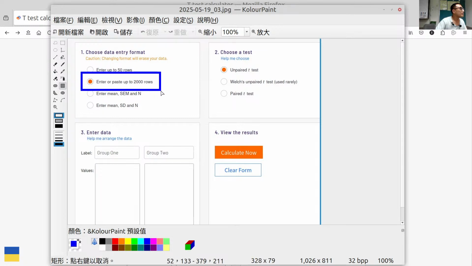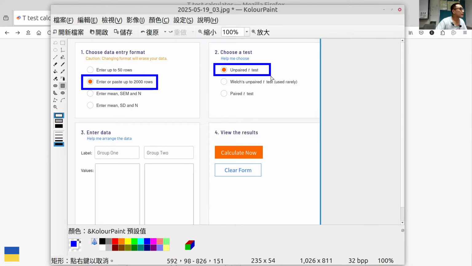First one. Second one. Then copy and paste.